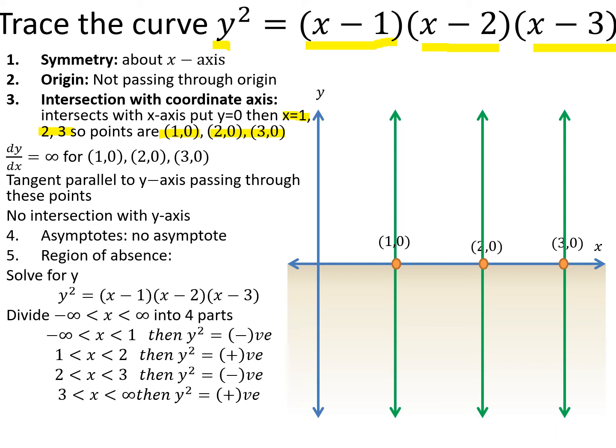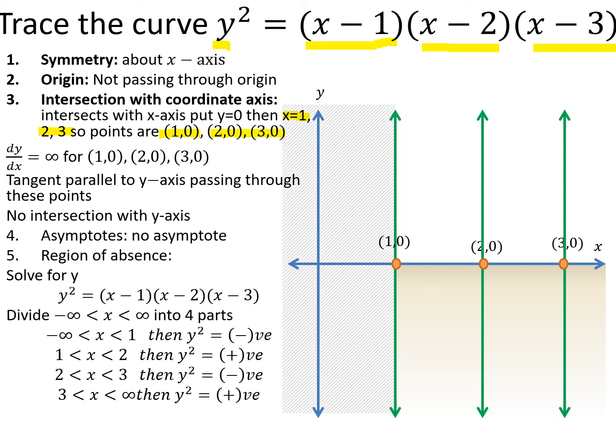So negative, negative, negative is negative, so y square will be negative. That means the curve does not exist. So we will draw this part with a shaded region, which denotes that the curve does not lie in that particular region.